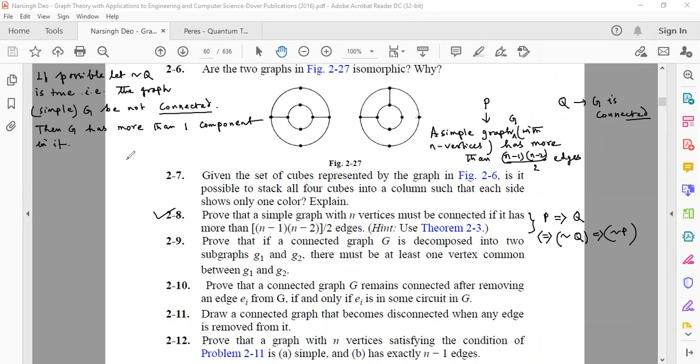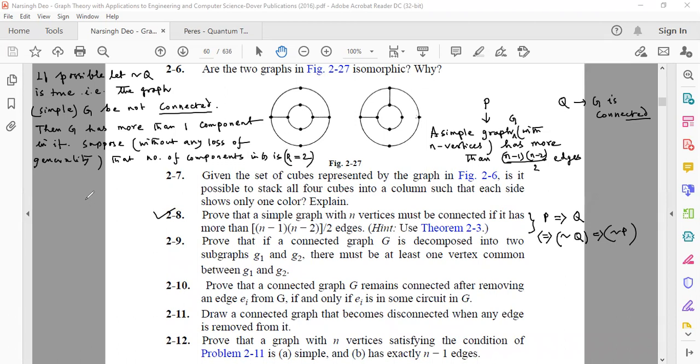Suppose, without any loss of generality, that the number of components in G is small k, which is 2.